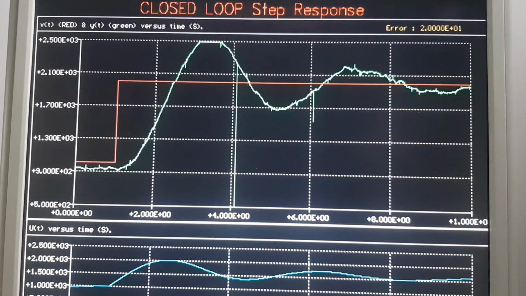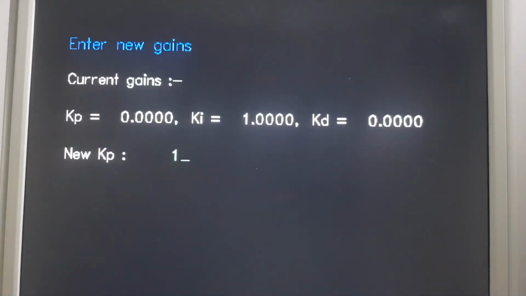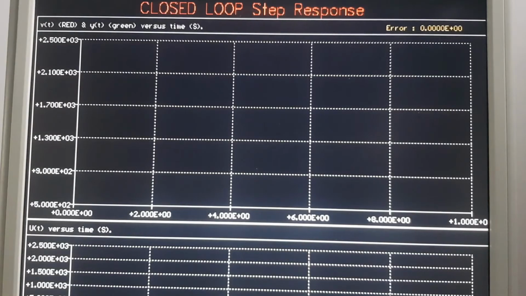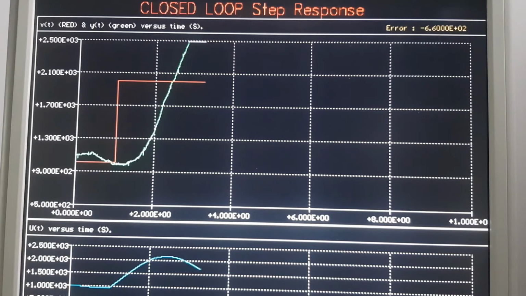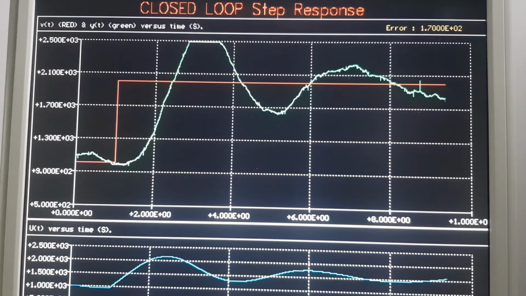If we go for a bigger gain, say 1.2, no, that's not good, is it? So 0, 1.2, 0. Now we've got Ki set quite high. It's still stable, but that overshoot is growing.